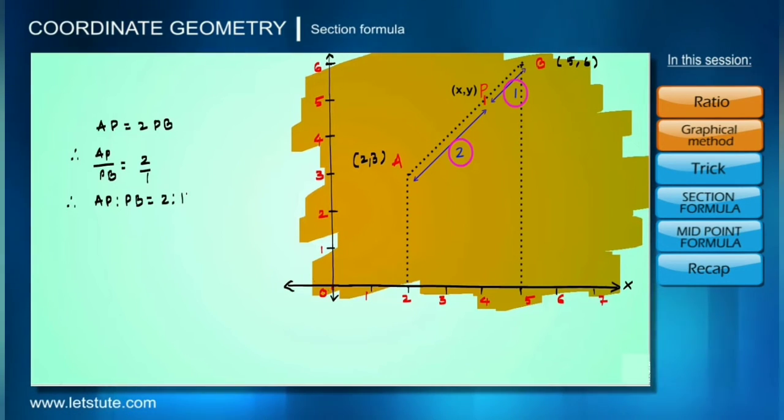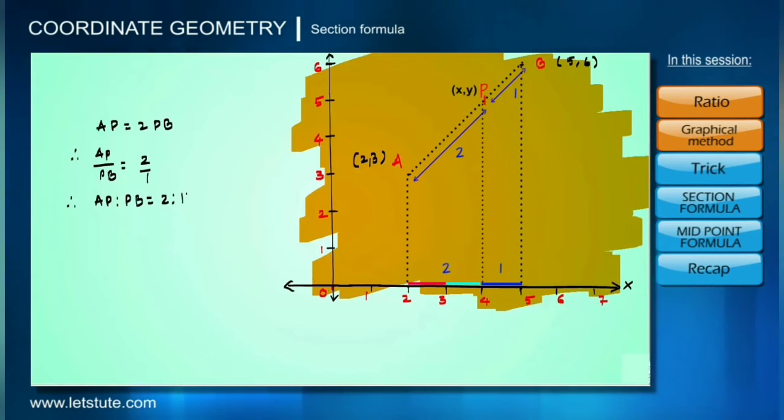Looking at the ratio 2 is to 1, we realize that we need to find the value of x in such a way that if the distance between 2 and 5 is divided into 3 equal parts, then 2 of the parts will be towards point 2, that is the x coordinate of A, and 1 part will be towards 5, that is the x coordinate of B. And this can only be done by the point 4 on the x-axis. So therefore, the value of the x coordinate of P is 4. Now you can see that the distance between 2 and 5 is divided in the ratio 2 is to 1.